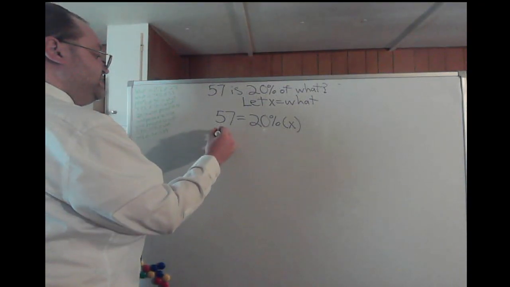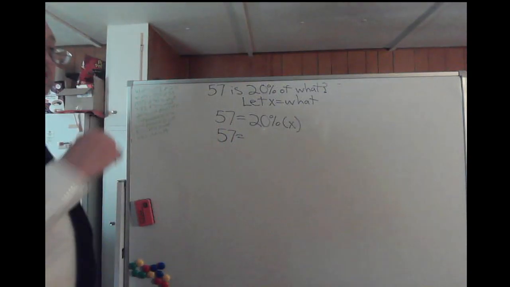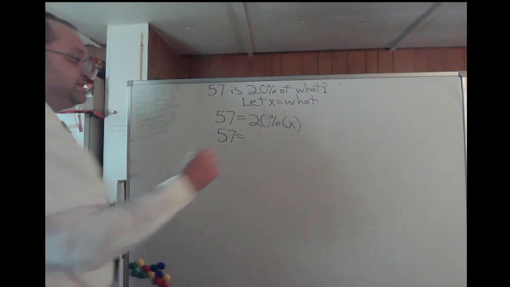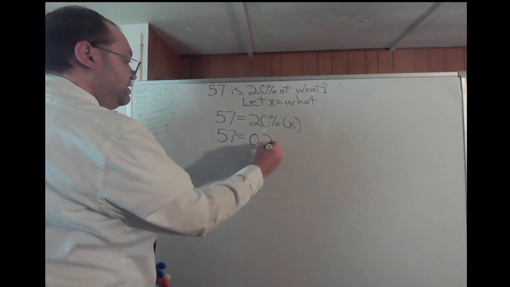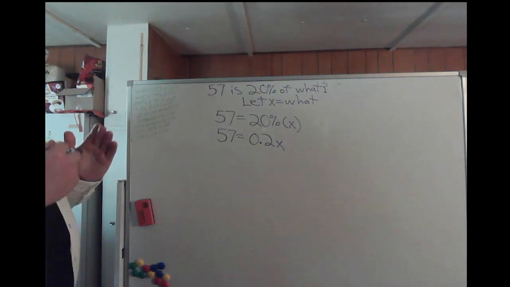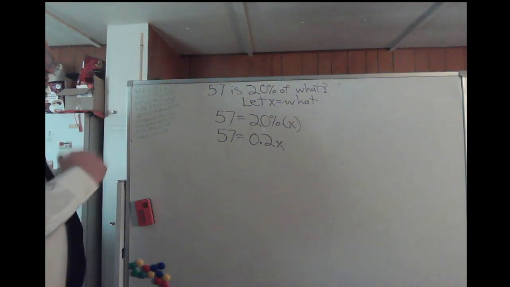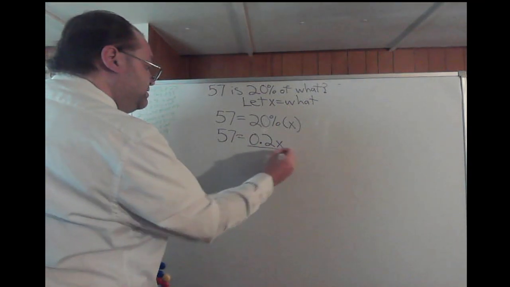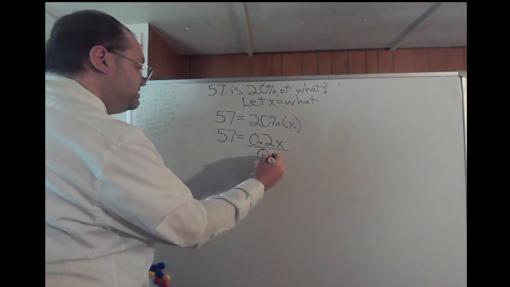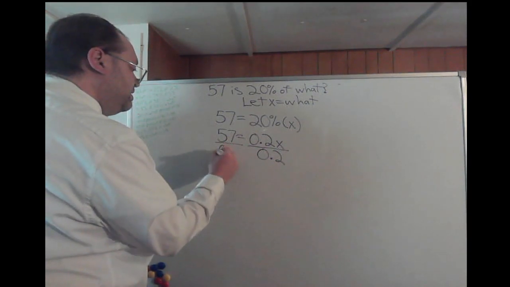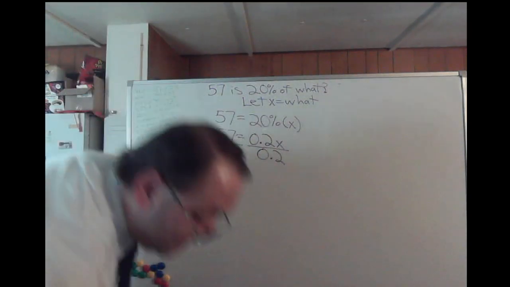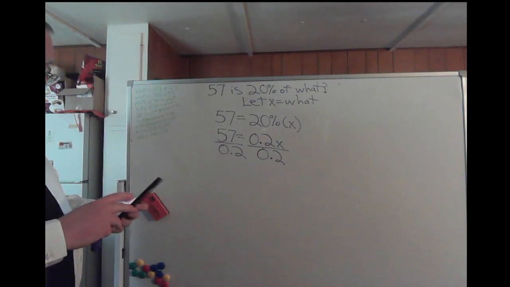Alright, so then you'll have 57 is equal to, let's take that 20%, make it a decimal. The percent, of course, 20, move it back 2 decimal places to the left, you'll have 0.2. This can be written as 0.2x since it's times x. Now all we want to do to get the x by itself, you'll divide both sides by 0.2. Let's work out what 57 divided by 0.2 is.